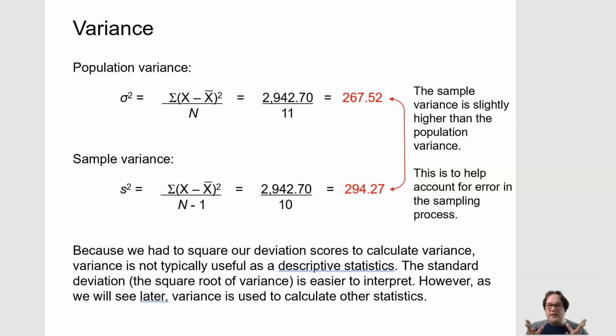Okay, variance is simply the standard deviation squared, because we had to square all those deviation scores. So let's unsquare them, and then we could get the value that we are really after, which is the standard deviation, right? So the standard deviation is simply the square root of variance.